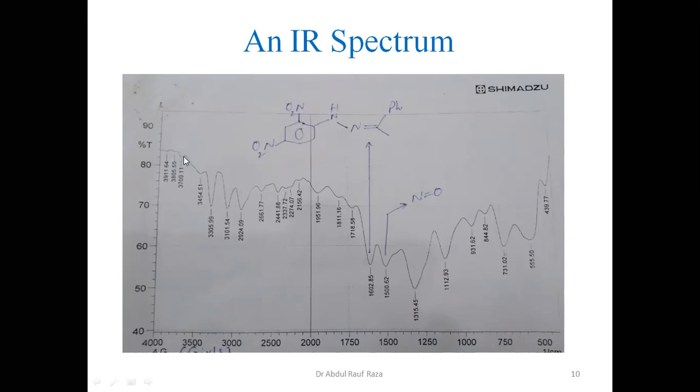So this is the baseline level, and here it is absorbing. Here transmittance is decreasing, so absorbance is increasing. And here absorbance is maximum, almost 50% transmittance, or 50% absorbance. This is the maximum absorbance we are getting.